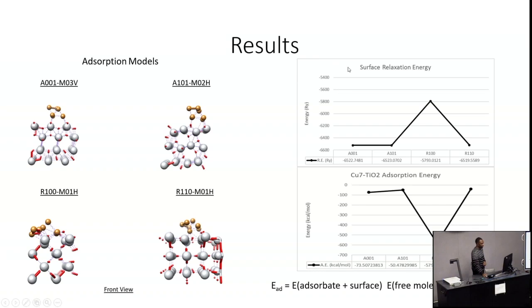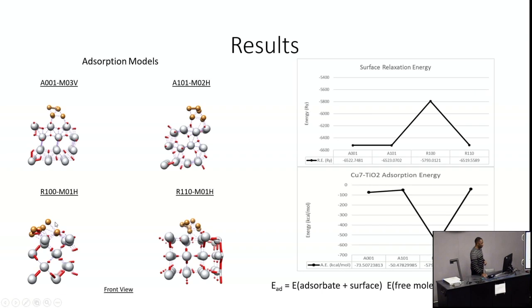And so if you were only looking at relaxation energy, you would think, hey, this R100 surface is really stable. Maybe it's a more attractive surface for absorbing copper particles.